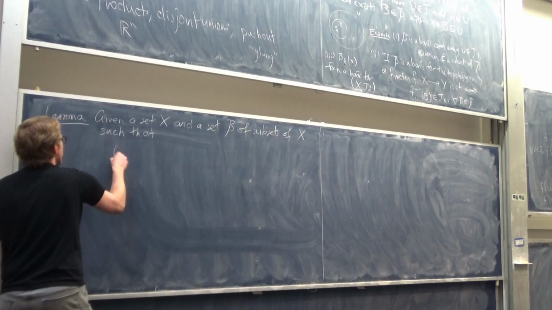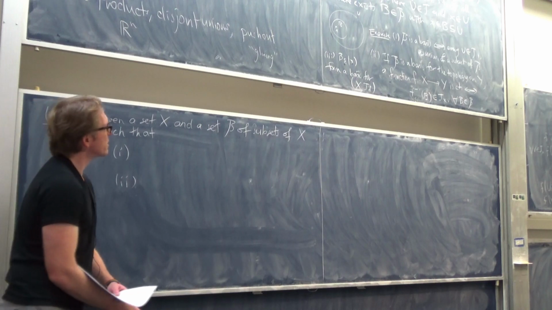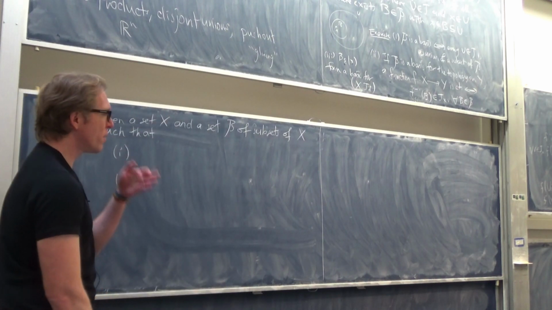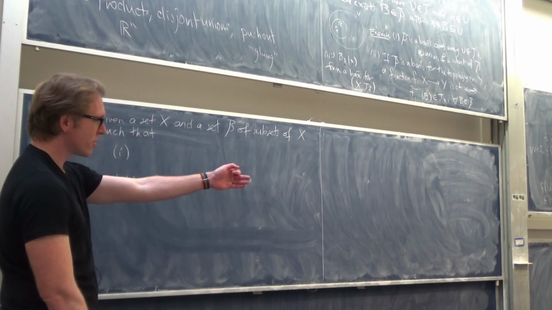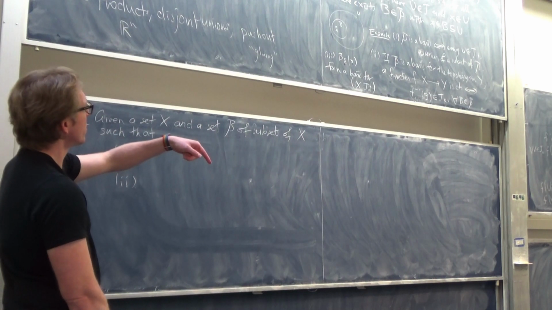Okay, well, here's the answer. So I need two conditions. Well, let's just work backwards from the definition. So suppose there was a topology on X for which capital B here was a basis.